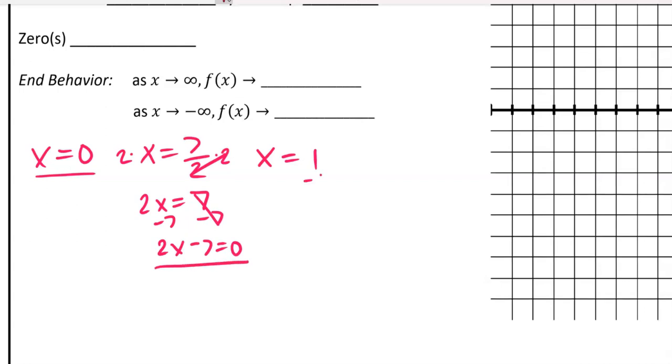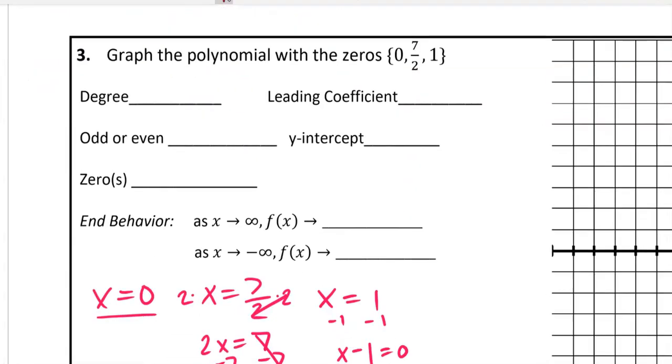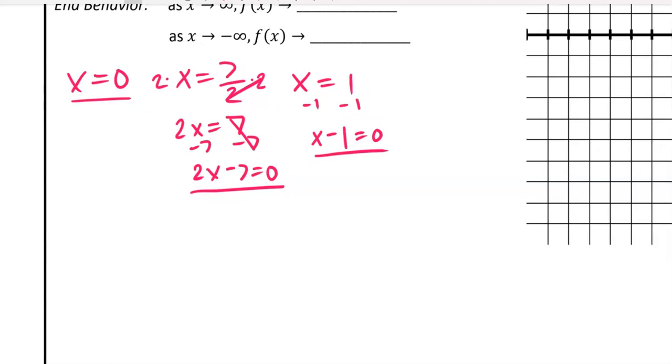Then here x equals 1, subtract 1, we get x minus 1 equals 0. Okay, so those are our three little initial steps that we started with before getting those zeros. So now we need to write these in factored form.